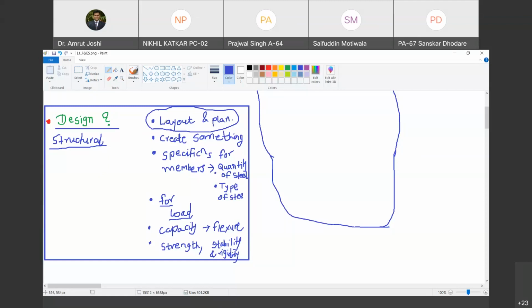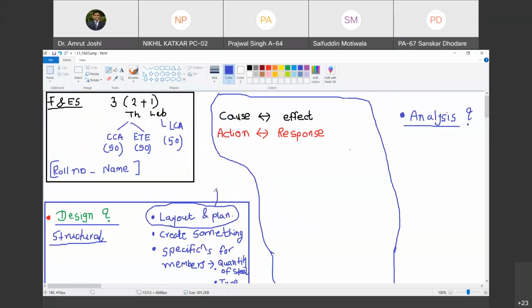So all this layout planning comes under two heads. One is called survey, and possibly the other one is called functional design of a structure. So we omit this point from structural design because layout and planning is not a part of structural design. It is a part of functional design.